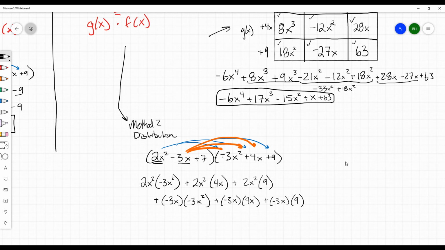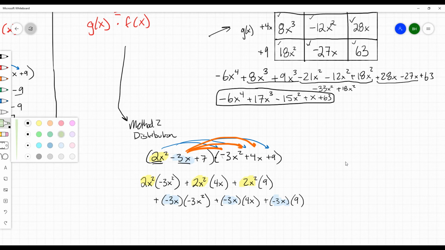So here I multiplied this negative 3x with every value for the second one. So if I use my highlighter, I'll show you really quick. 2x squared is here. I multiplied that with all the other values. Negative 3x is here, and I multiplied that with all the other values.